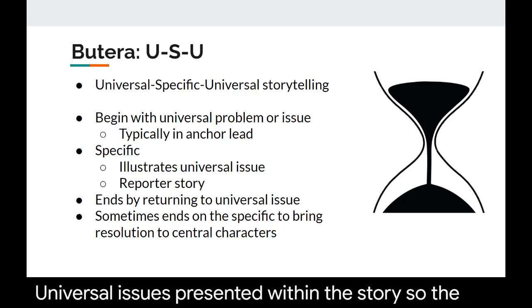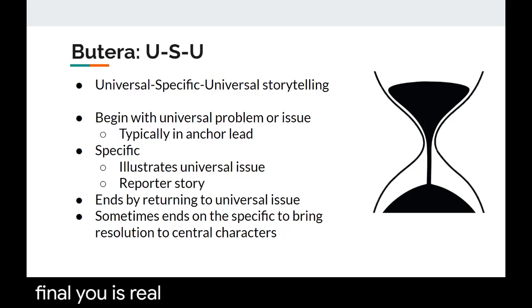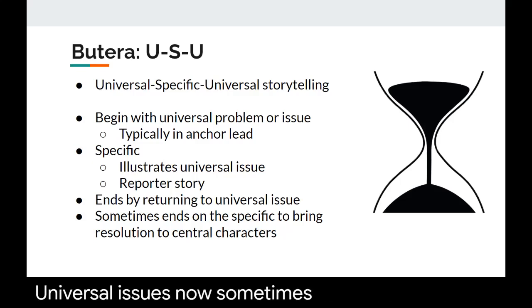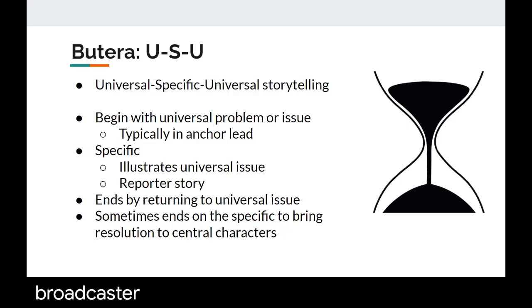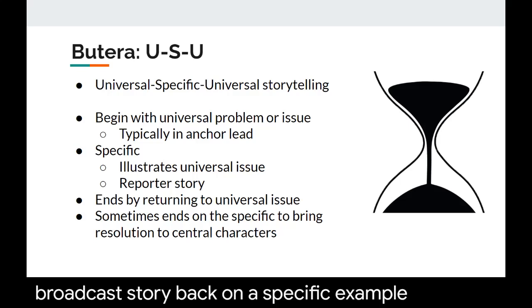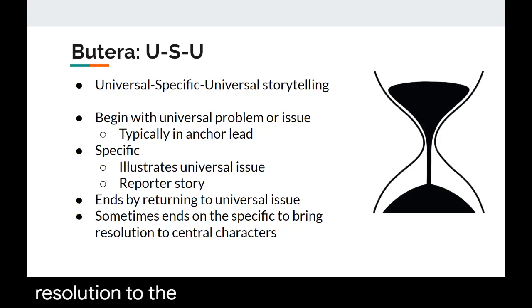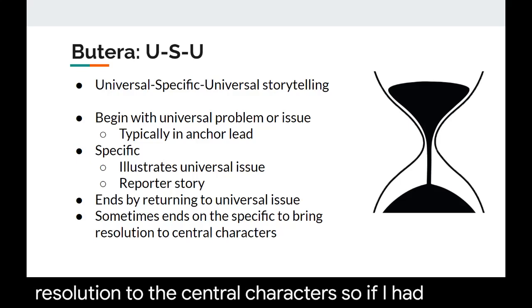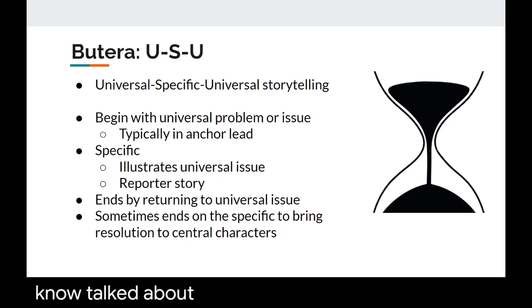So the final U is the ability to return back out to the larger universal issues. Now, sometimes we will end a broadcast story back on a specific example to bring resolution to the central characters. So if I had talked about Alabama's COVID numbers and then presented someone who actually had tested positive, at the end of the story, we want to know what that person is doing now.